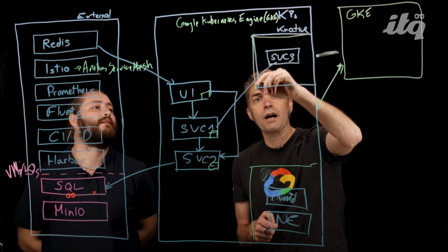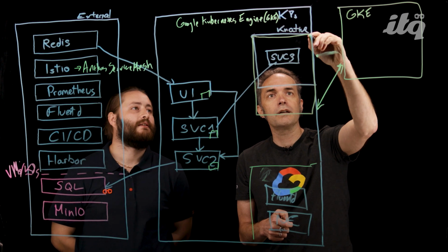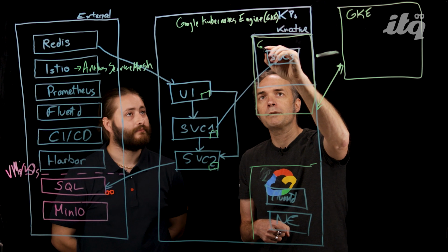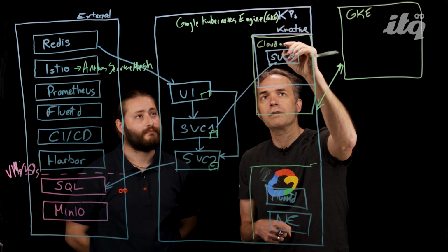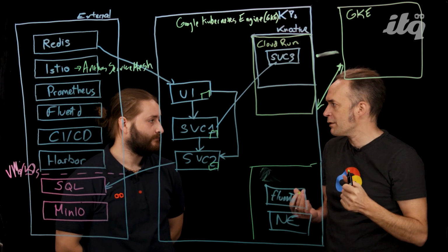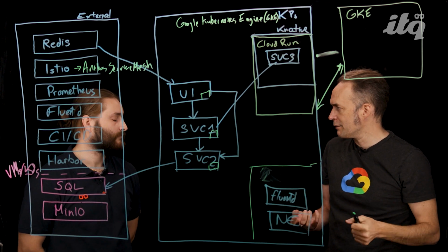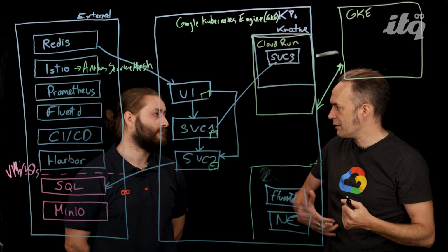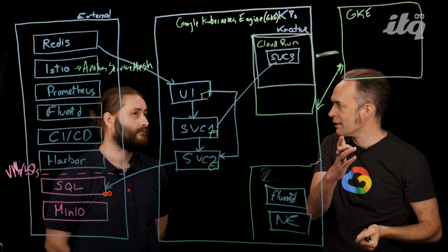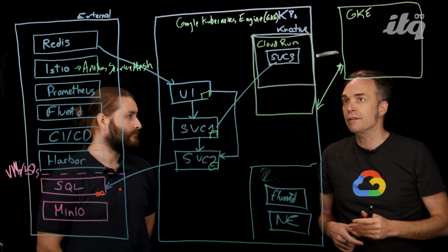We're going to carve this out of our Kubernetes cluster, and we're actually going to deploy this into Cloud Run. And Cloud Run is designed from the ground up to be API compatible with Knative. So anything you've written to deploy to Knative will just map over immediately. No changes needed.